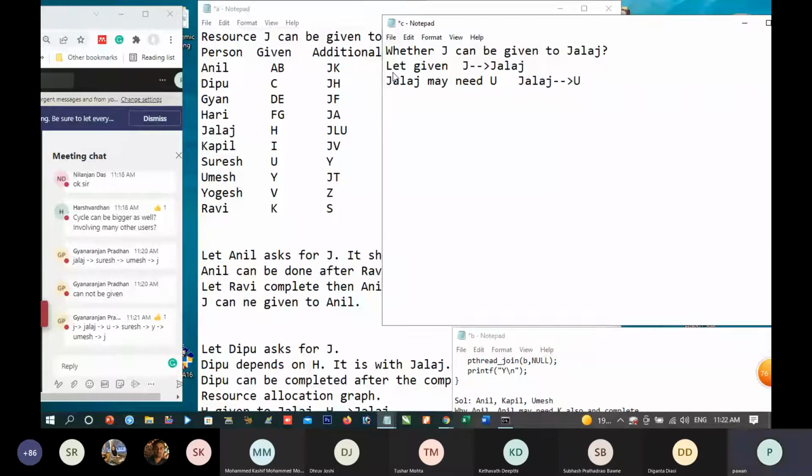U is with Suresh. It means U to Suresh, there will be an arrow. Suresh may need Y.